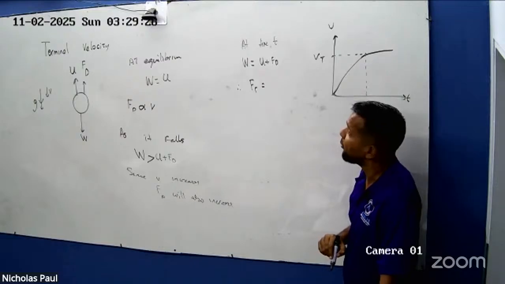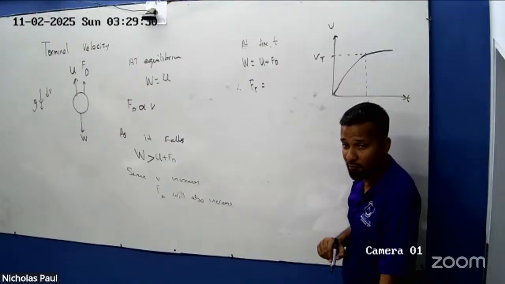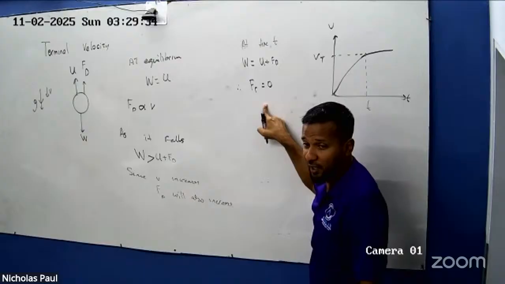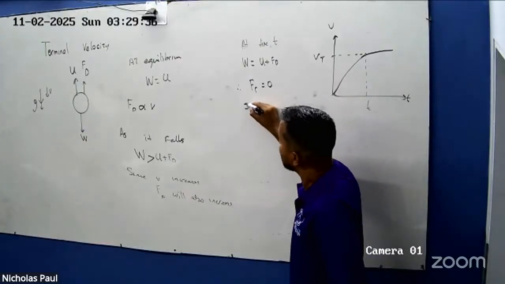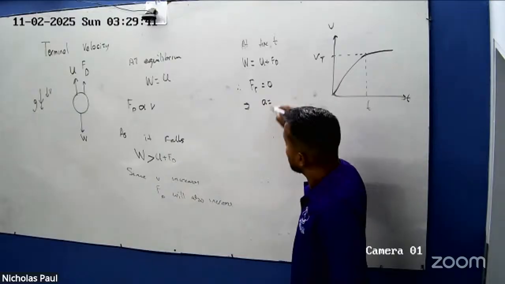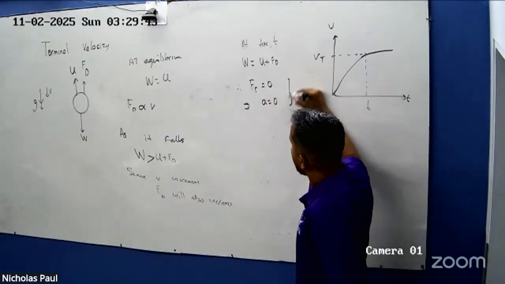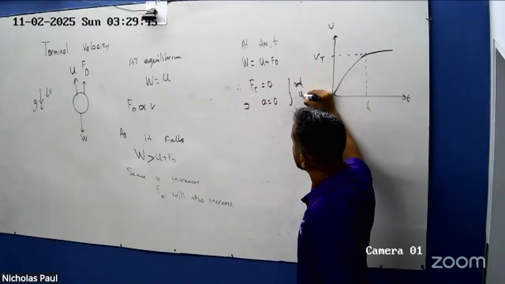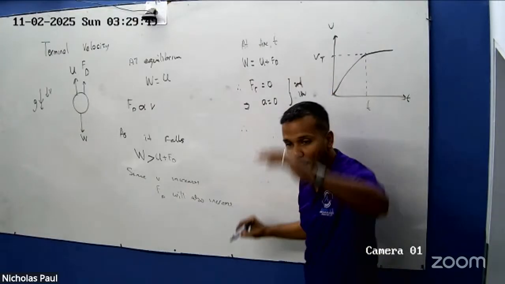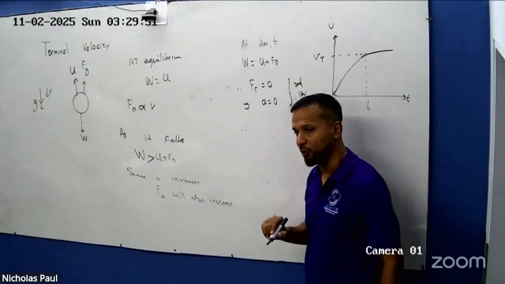What's the resultant force? 0. Yeah, correct. And if the resultant force is 0, then acceleration is 0, right? Remember Newton's second law? Acceleration is 0. But if the object still falls and acceleration is 0, what do we know?